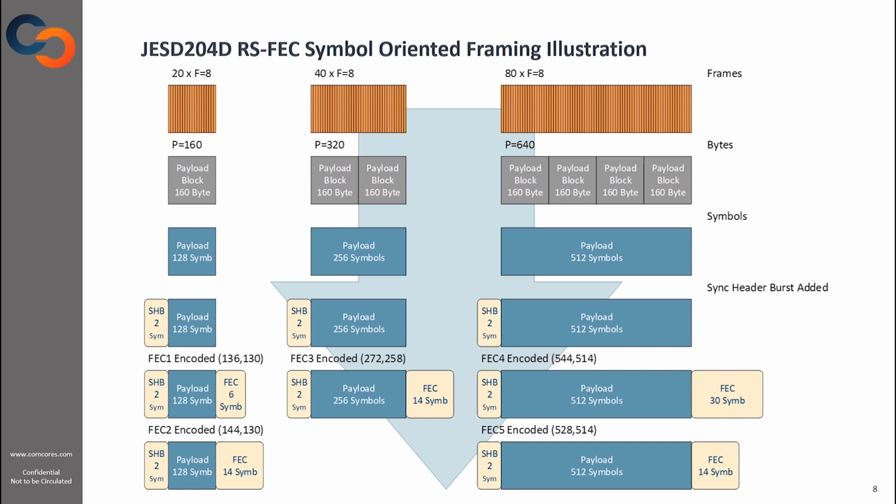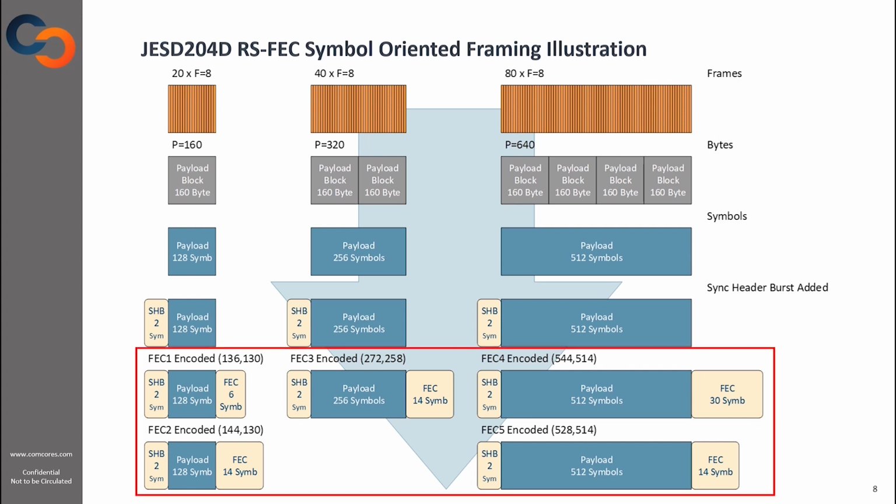And then the RS-FEC, when it's encoding this data, works on symbols. So we can see the transition from 160 byte blocks, or a number of them, into the payloads in blue. These payloads will get prepended with the sync header burst of 2 symbols. And this sync header burst carries a constant bit pattern and an end of alignment block indication inside of it.